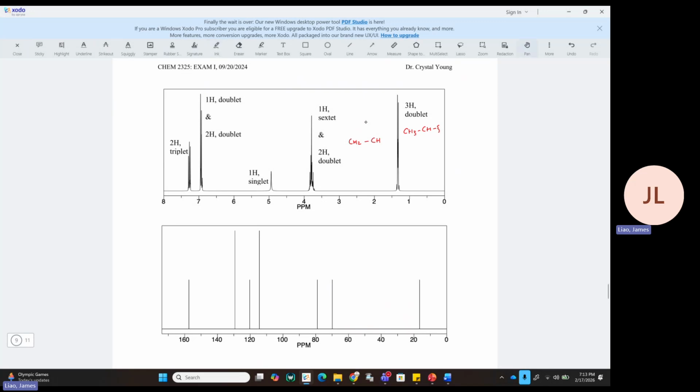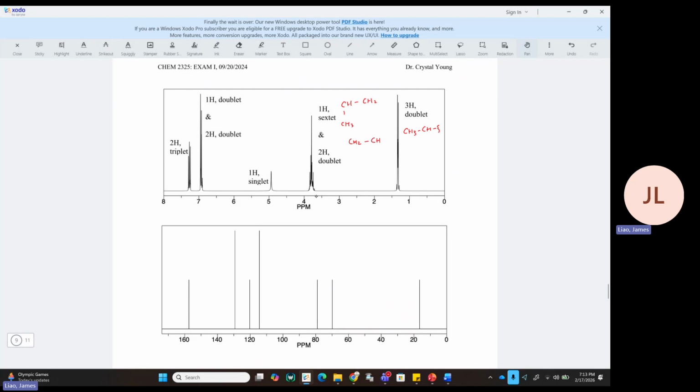And then this 1H sextet means it's next to a combination of a CH3 and a CH2. So that's the CH next to a CH2 and a CH3. One thing to note is that this is more downfield, which means more to the left of the peaks at 2 ppm.